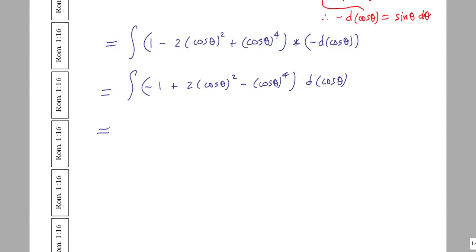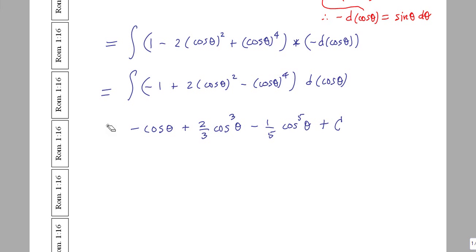So here we go. This is going to equal minus cos theta, and then this is going to be plus 2/3 cos cubed theta minus 1/5 of cos to the fifth power theta, plus we pick up a constant of integration.